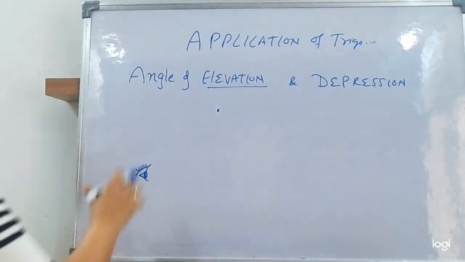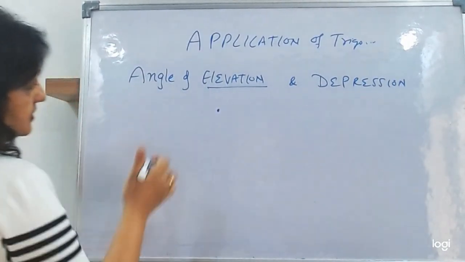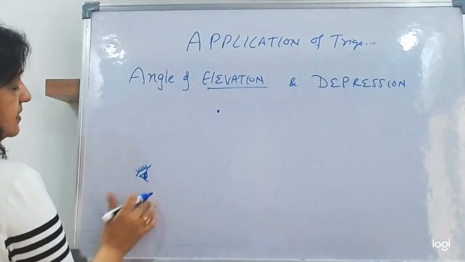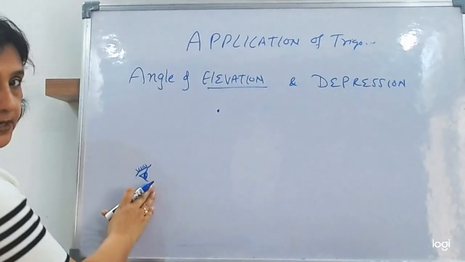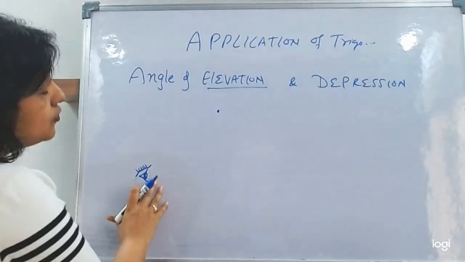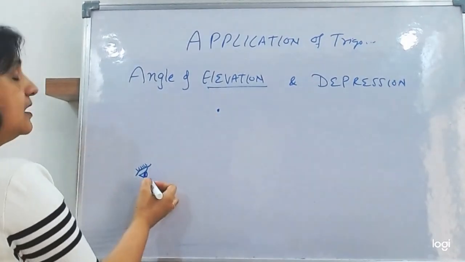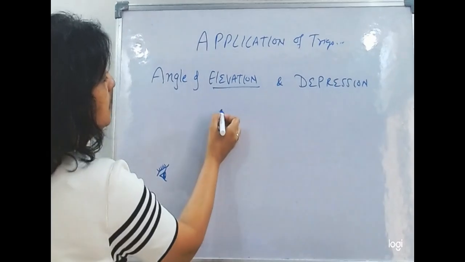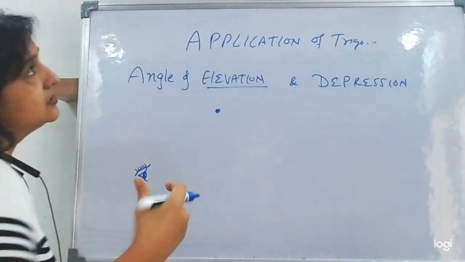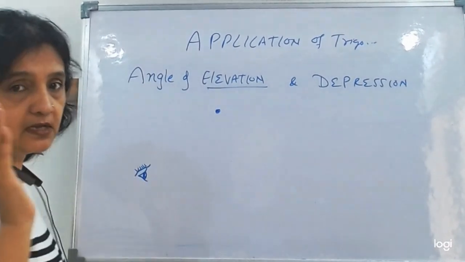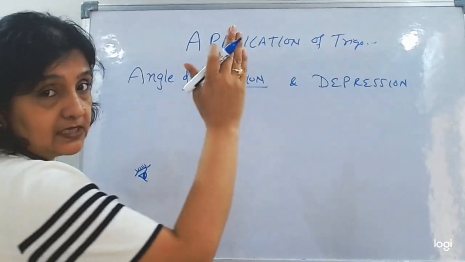See, what is angle of elevation? Suppose someone is standing here and this is the level of the eye. Now, one object is placed at a higher level than his eye level. Let's say you are sitting on a chair and you are looking at the corner of the ceiling.